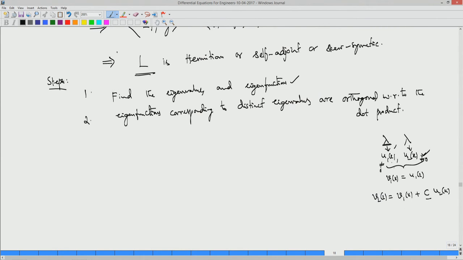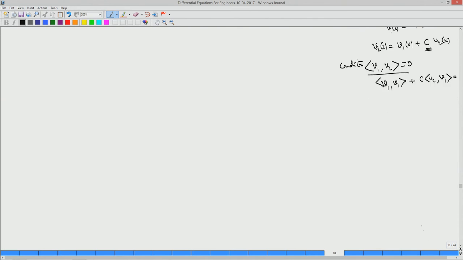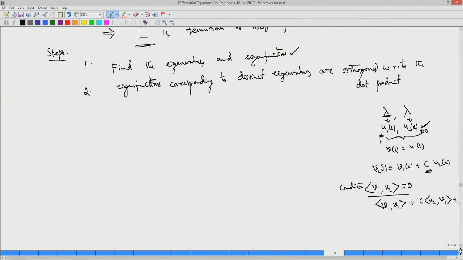I choose my C in such a way that v1 and v2 are orthogonal, that is, the dot product of v1 and v2 with respect to that inner product is 0. Putting this condition, it makes v1 dot v1 plus C times u2 dot v1 has to be 0.